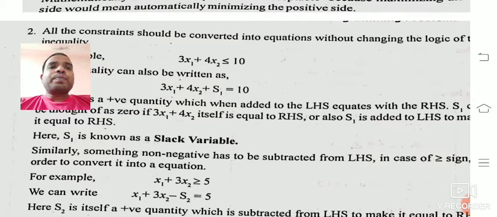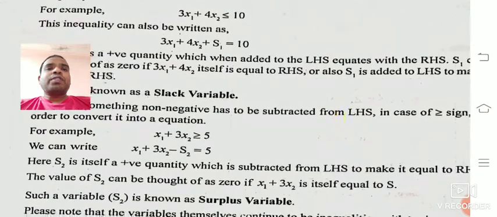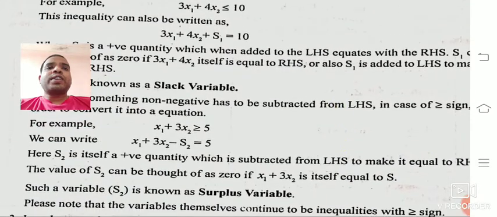It becomes x1 plus 3x2 minus s2 equals 5. Here we subtract s2 from the LHS side, and that s2 we call a surplus variable. If s1 is added to the LHS, that variable is called a slack variable. If you subtract s2 from the LHS, then we call it a surplus variable.